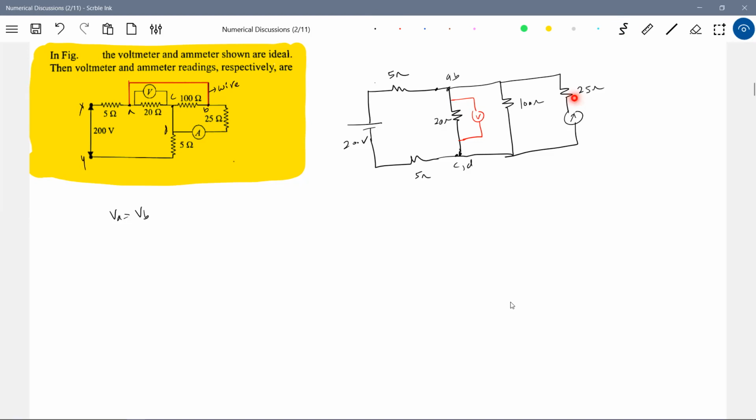This will be 25. So the effective resistance: all these are parallel.